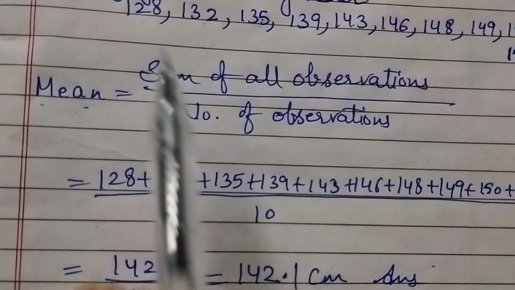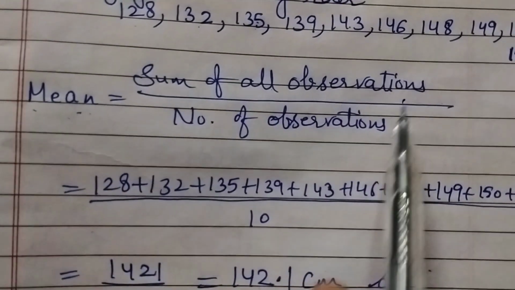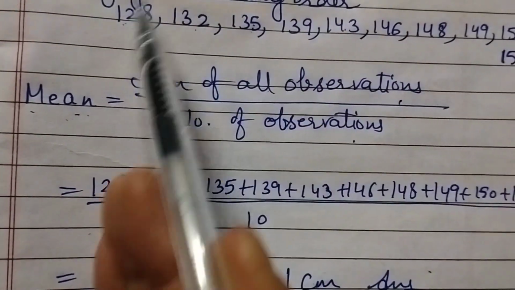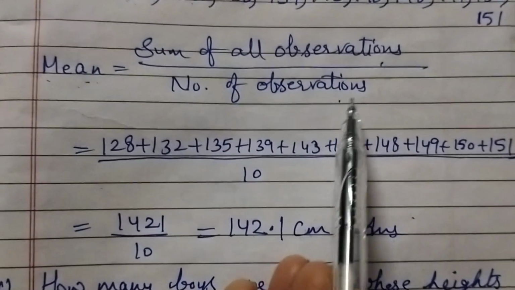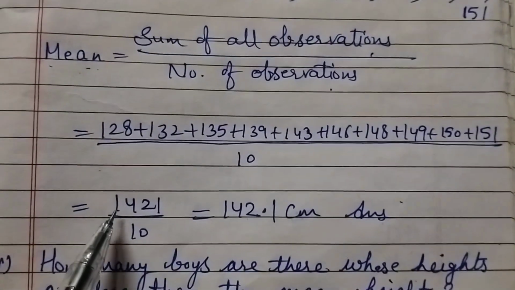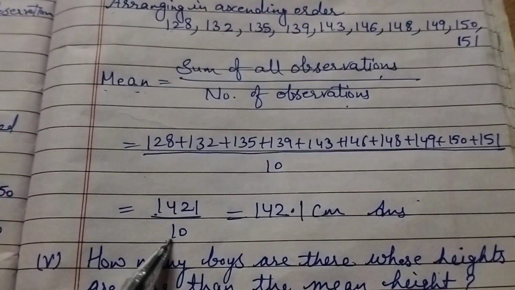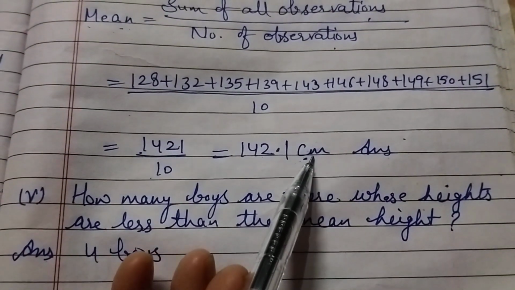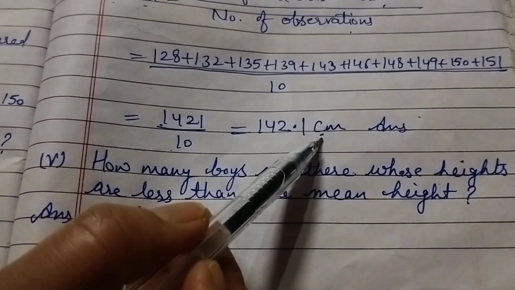I told you in notes the formula for finding the mean: sum of all observations upon number of observations. We will add all the observations. Number of observations means 10 numbers were there, so we write 10 here. After adding, we divide this number by 10, and we get the mean. It is given in centimeters, so with the answer you will also write centimeters.